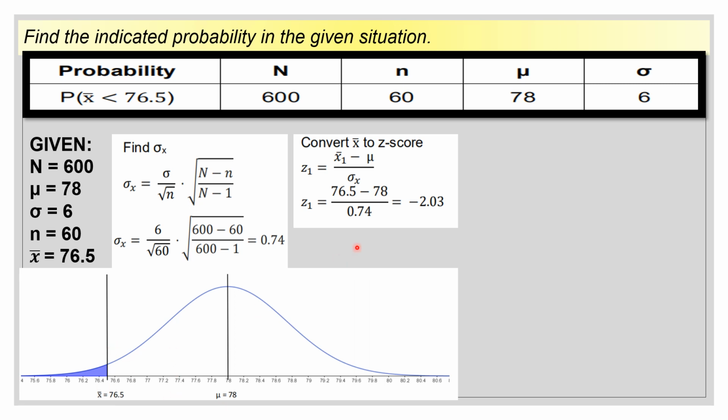Pwede naman. Pwede naman nating ilagay yung z-score na negative 1, negative 2, negative 3, 1, 2, 3, and then we locate it. Pwede rin naman pong gamitin natin yung ganito. Imbes na ilagay natin is z-score, ilalagay natin is mu and x bar.